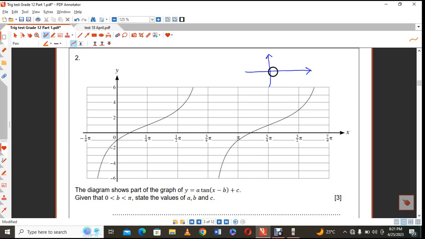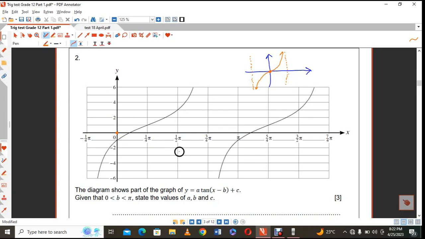You know that our tangent graph is going to be something like so. Okay, so this is the origin. Can you see that? The origin is over here.